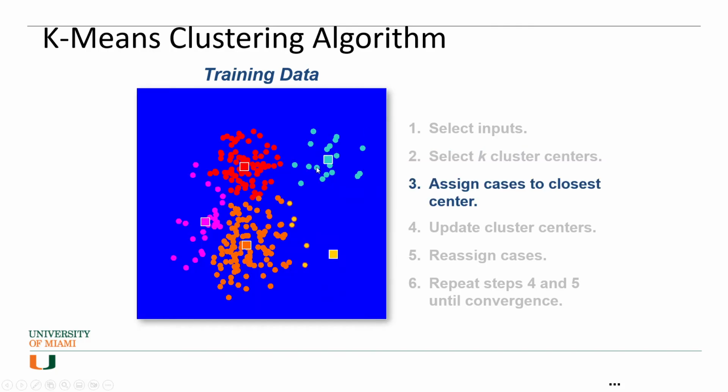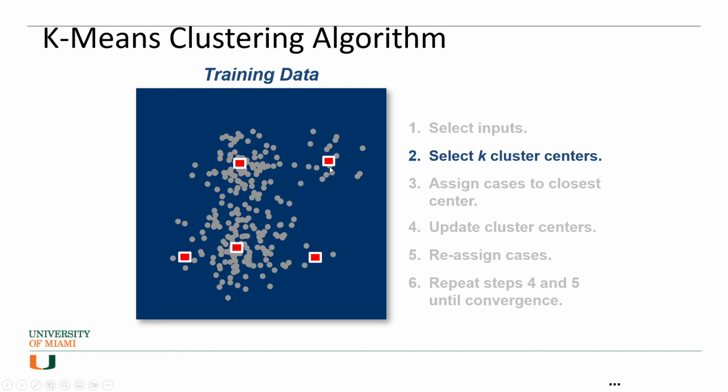So, for example, take this point, right? We calculate the distance between this point and every other centroid and see which one is closest. Obviously, this one is closer. Therefore, we are going to say that, all right, this particular observation belongs to this cluster, all right?